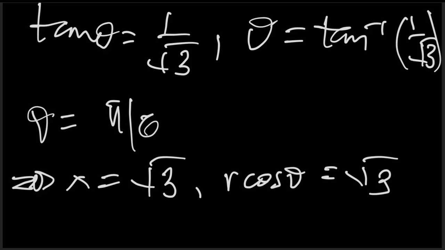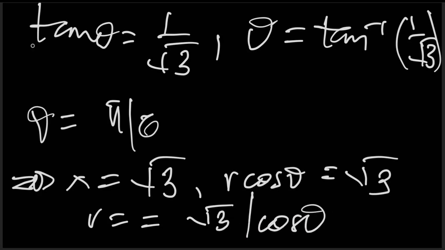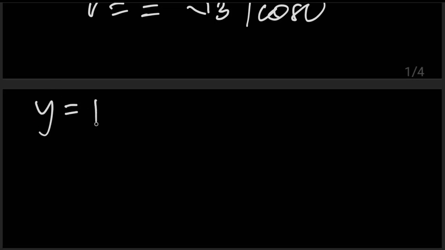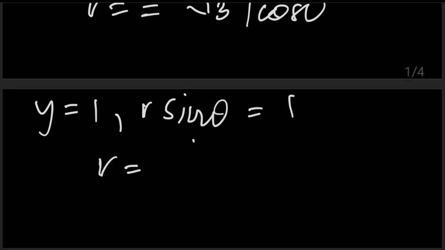Then r is equal to √3 over cos theta. The same thing happens to y. So y is equal to 1. Then r sin theta will be equal to 1. Then we say r is equal to 1 over sin theta.